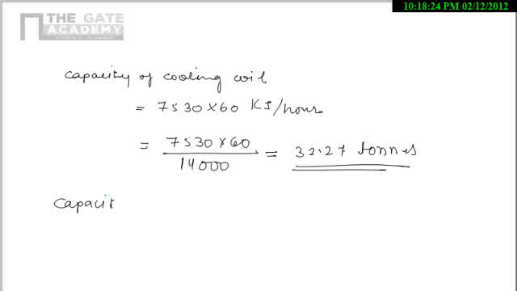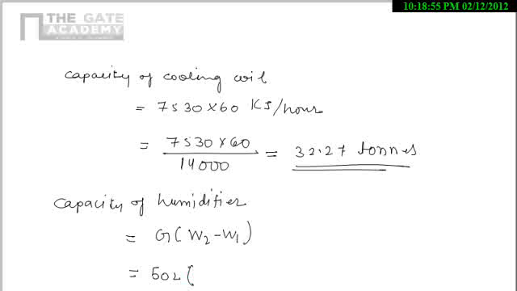Now we have to find out the capacity of humidifier. For this we have to see the process 1 to 2. So we take G into W2 minus W1, that is the capacity of humidifier formula. Here W1 and W2 are specific humidity at 1 and 2. G we have already calculated, it is 502. W2 is 0.0088 and W1 is 0.0065.